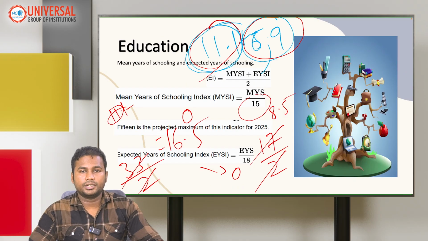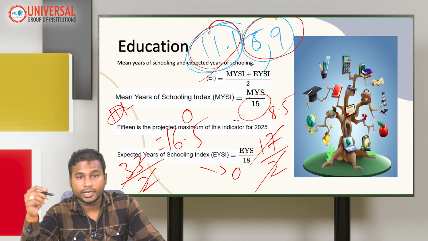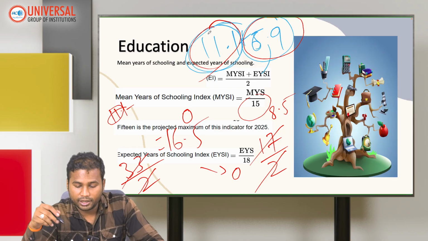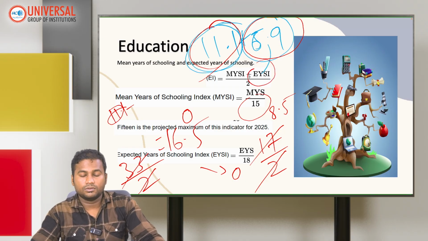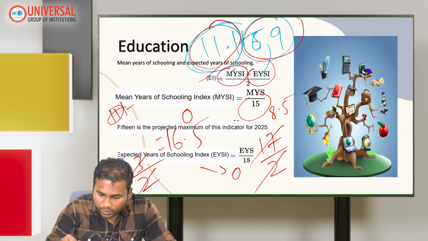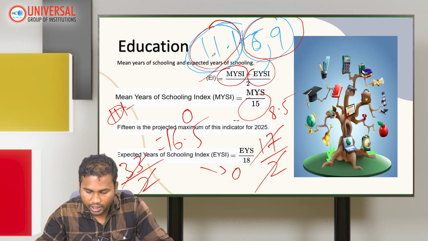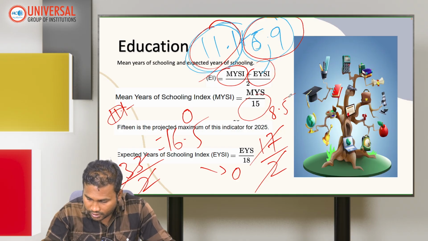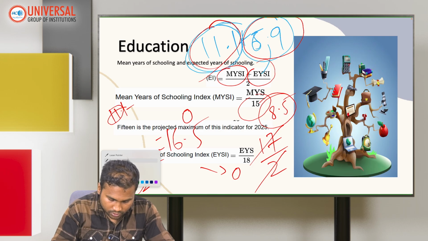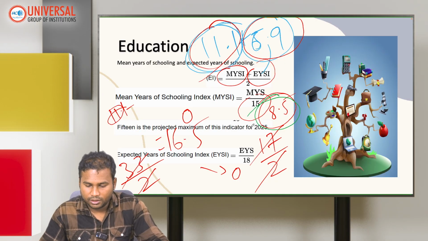So for the education index, let's take an example. 11.1 is your mean years of schooling and 6.9 is your expected years of schooling. We are taking these as examples for both components, and the average of them is 8.5, after the division of both components.